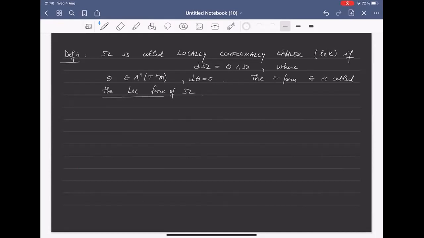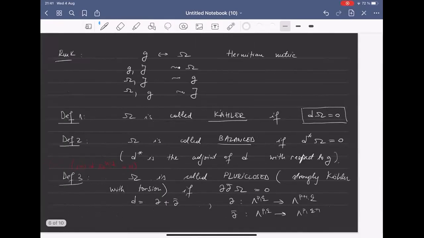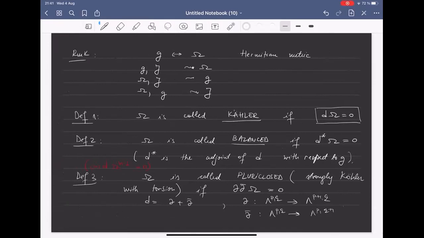Okay, a very natural question is why this definition 4? Because obviously it is different from definition 2 and definition 3, so from balanced and pluriclosed metrics, since in the balanced and pluriclosed conditions, omega was closed with respect to some more friendly operators, arising only from the exterior derivative and the metric itself.